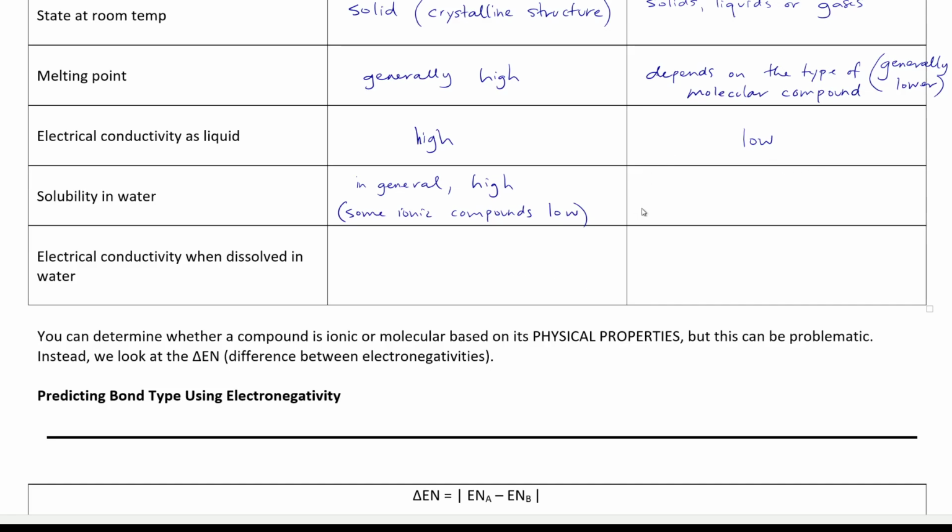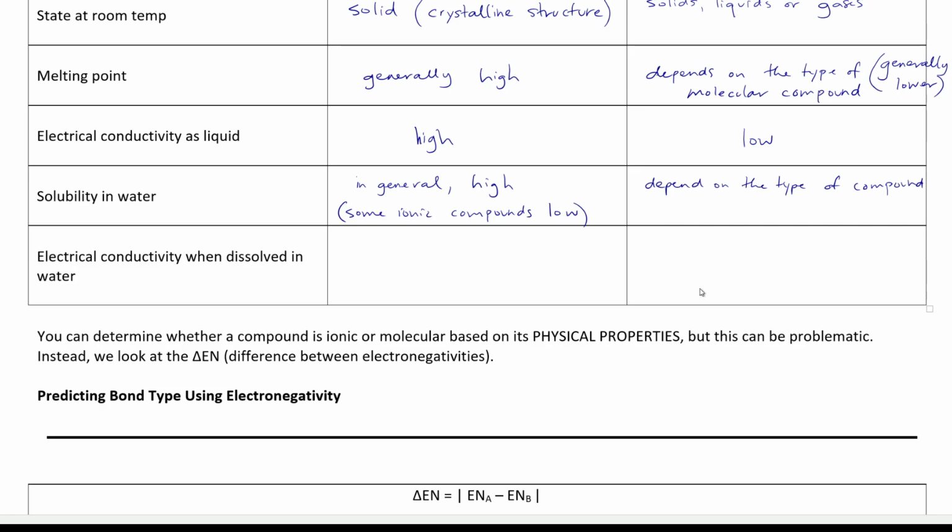With respect to molecular compounds, again, it really does depend on the type of compound. So some have high solubility in water and some have low solubility in water. For example, olive oil is a molecular compound.